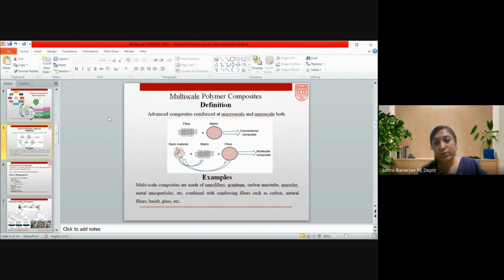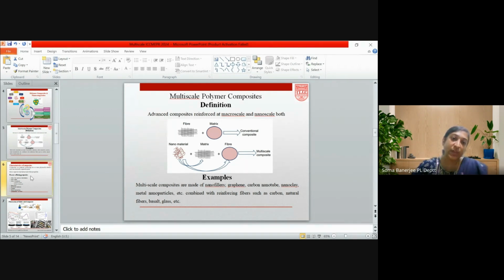Whereas in multi-scale composites, we will have two reinforcements, one maybe a fiber in the macro scale and one maybe a nanomaterial in the form of particles. As examples, multi-scale polymer composites have nanomaterials or nanofillers like graphene, carbon nanotubes, nano clay, etc., or metal nanoparticles, which are combined with reinforcing fibers like carbon, natural fibers, glass fibers, etc.